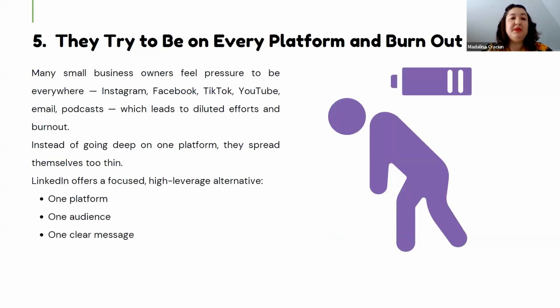Another problem is that they try to be on every platform and burn out. So many small business owners feel pressure to be everywhere: Instagram, Facebook, TikTok, YouTube, email, podcast, which leads to diluted efforts and burnout. So instead of going deep on one platform, they spread themselves too thin.